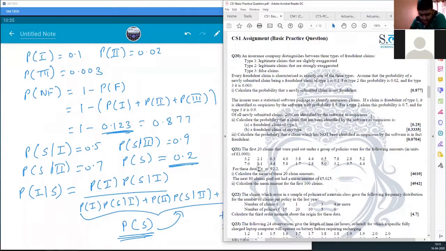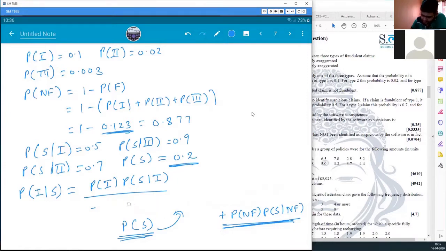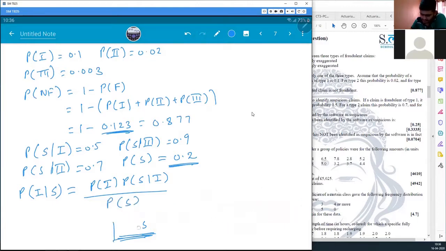There will be some fraudulent claims that are not suspicious as well. It will go both ways. Some fraudulent claims we will not be able to identify as suspicious at all by the software. So we cannot take this as our denominator, but we can definitely take the probability of suspicious, because that is what the actual formula is.